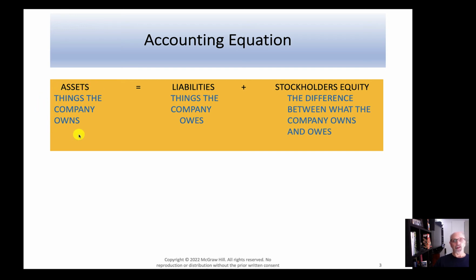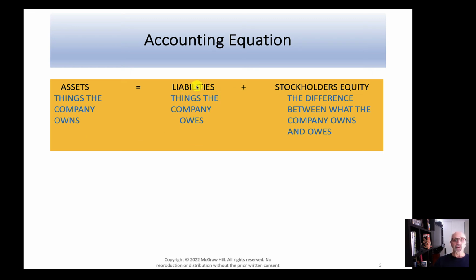Assets are things that the company owns. They could be, for a company, trucks, buildings, land, equipment. In your personal life, for those of you who have cars, your car is your asset, or one of your assets.